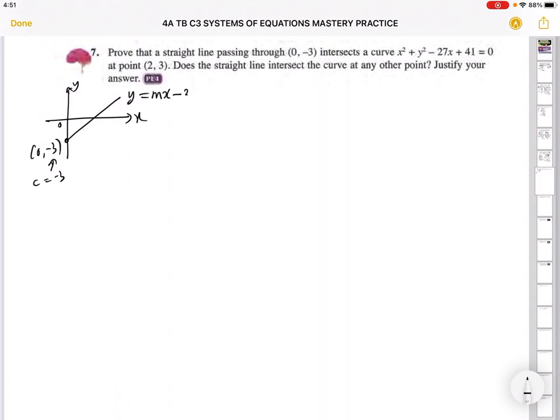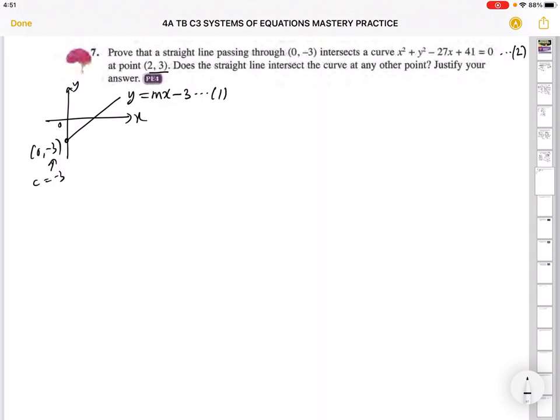So I'm going to call this equation number 1, and I call this equation number 2. I don't want to copy the question, so I just call that equation number 2. We need to prove that they intersect at this point. Before we solve them simultaneously, because if you solve them now, you have an unknown m.